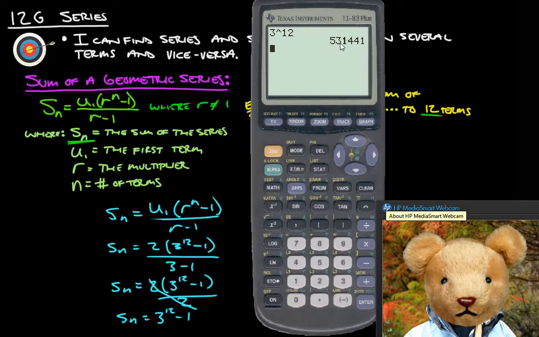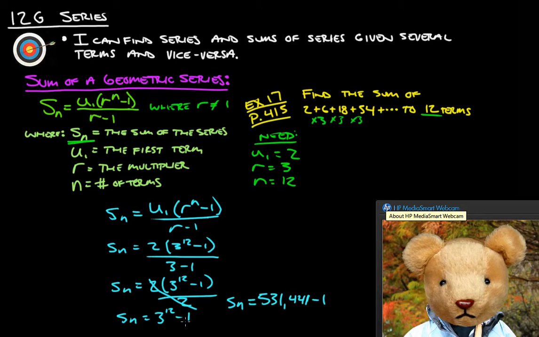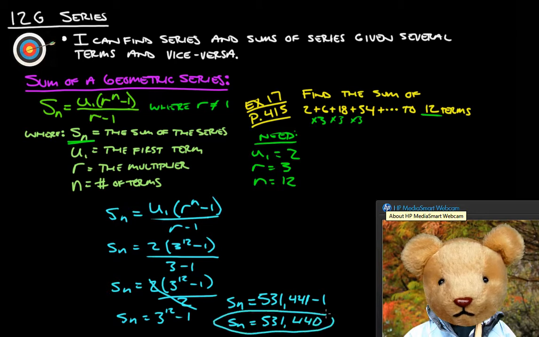Gosh, I'm having a hard time. 531,441 minus 1, so S of n is just 531,440. That is the sum of this sequence to 12 terms.